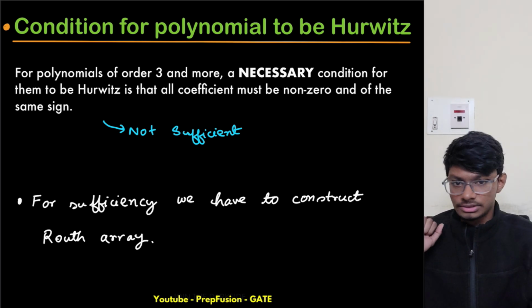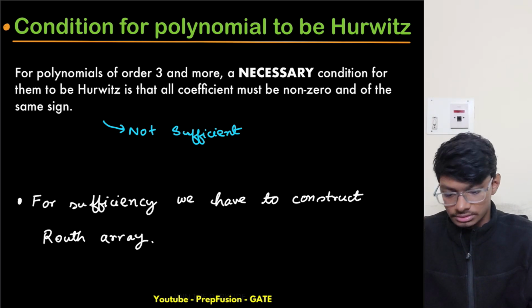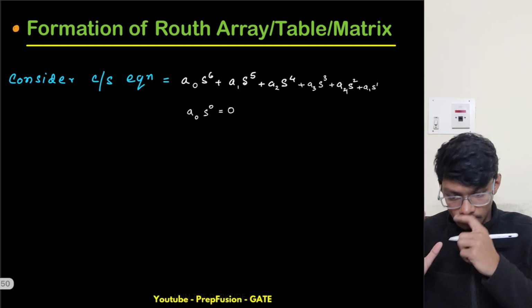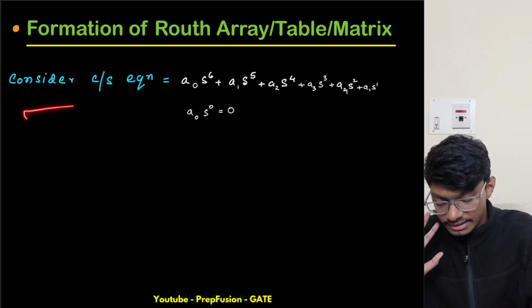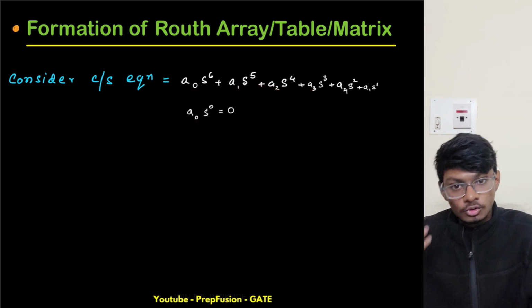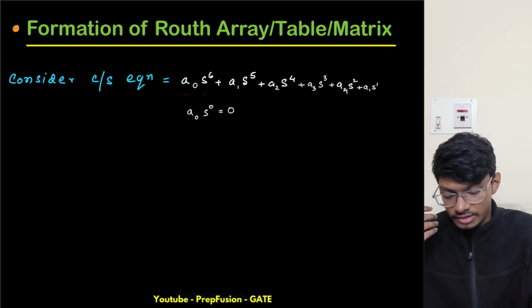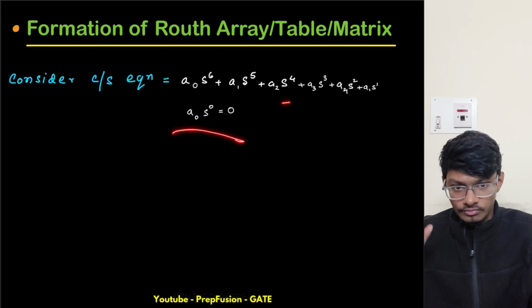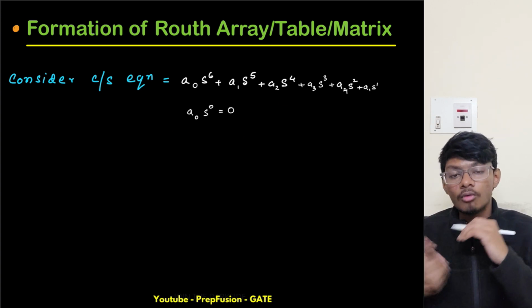So that is for the sufficiency. Now what is the Routh array? That is exactly what we'll understand now. Consider a characteristic equation like this one, a polynomial equation with coefficients a0 s to the power 6, a1 s to the power 5, and so on.